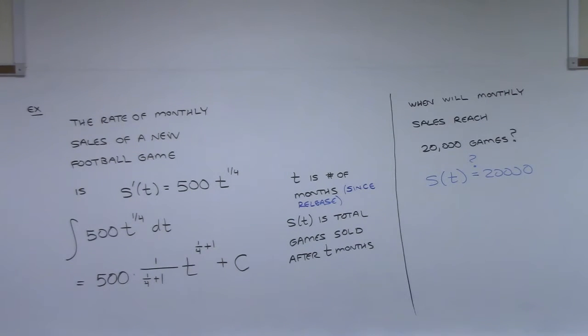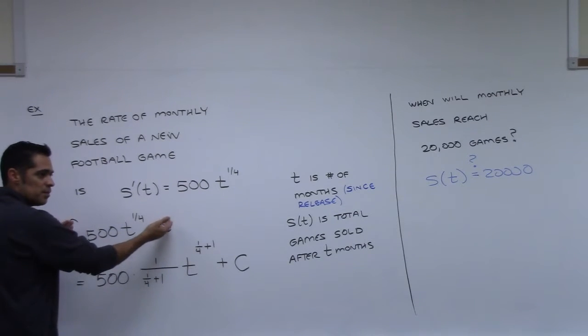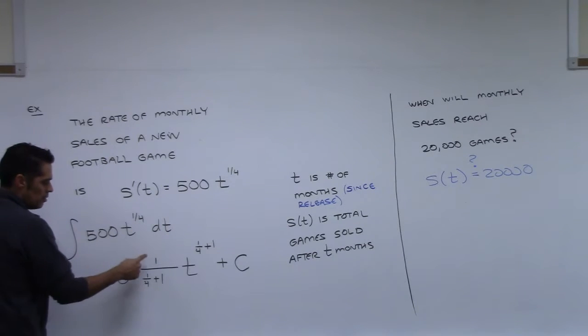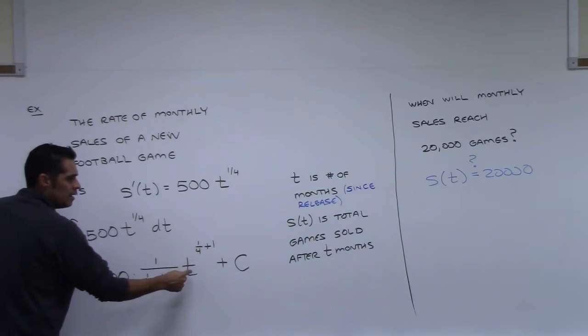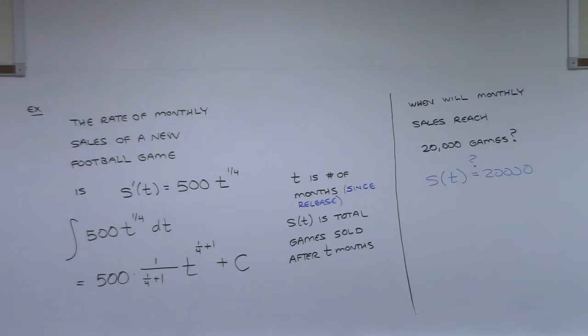Does anyone have a question on where this came from? This went away and the dt goes away because we're taking the antiderivative. 500 comes down, n is 1/4, so I do 1 over n plus 1, but we're using t to the n plus 1. Plus c.